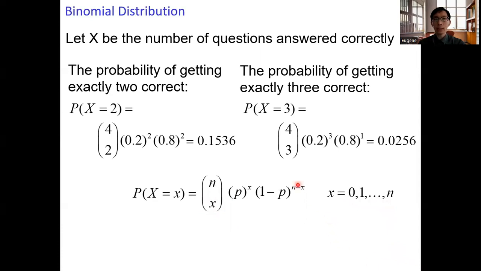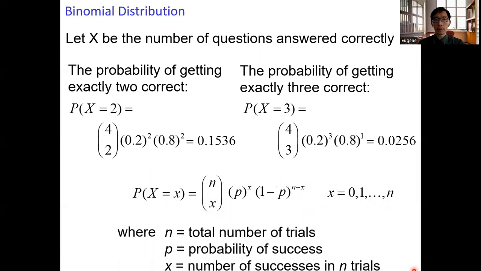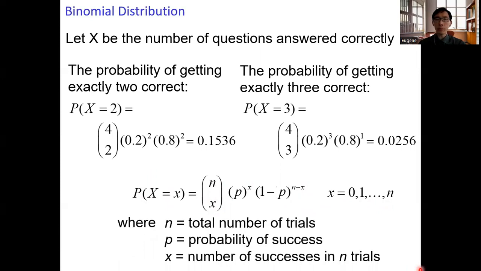And in fact, this is the expression for the binomial distribution. For the binomial distribution, n denotes the total number of trials, p is the probability of success, and x is the number of successes in n trials.